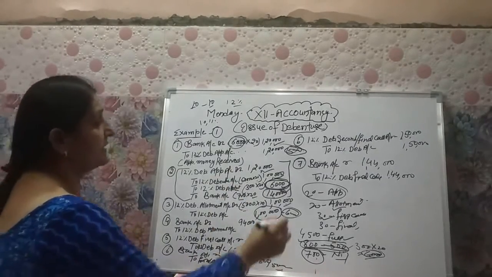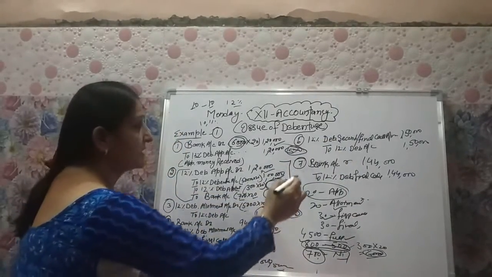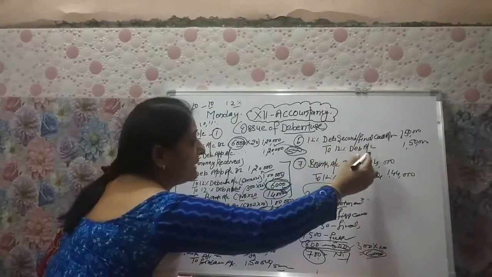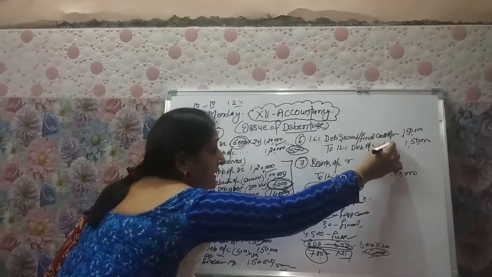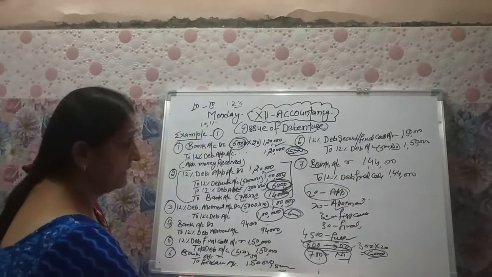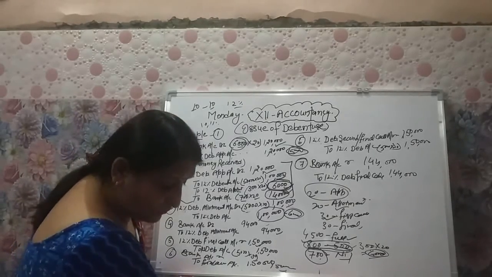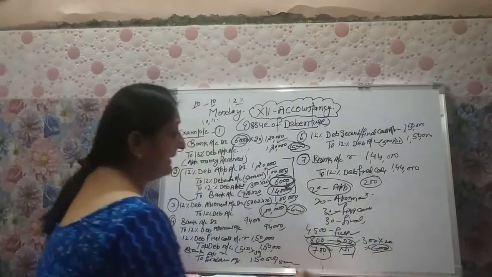Right? After that, the company does the second and final call, and the entry for second and final call is 12% debenture second and final call account debit to 12% debenture account. 5,000 multiplied by 30, 1,50,000 से हम final call ड्यू करेंगे. राइट बेटा, but one debenture holder who holds 200 debentures doesn't pay the final call money.